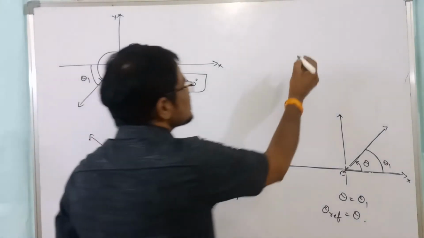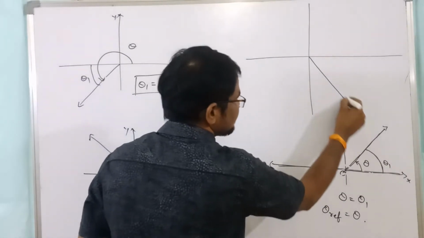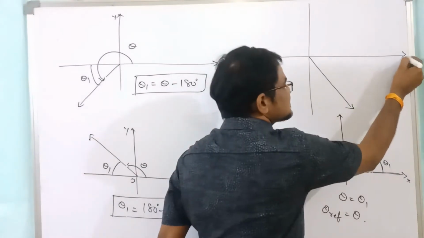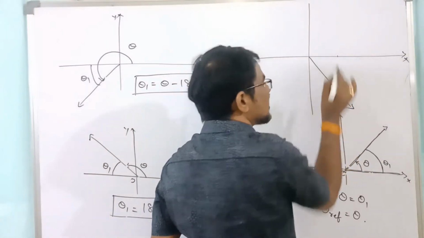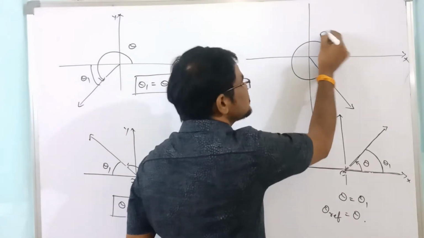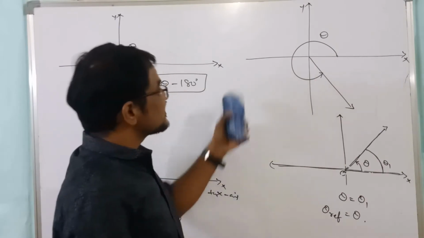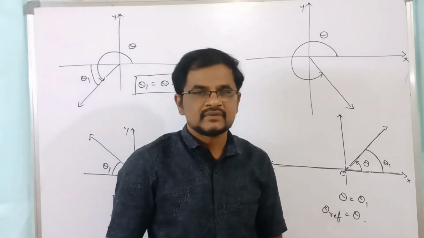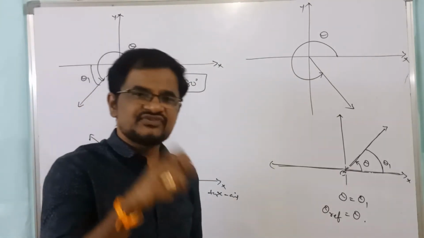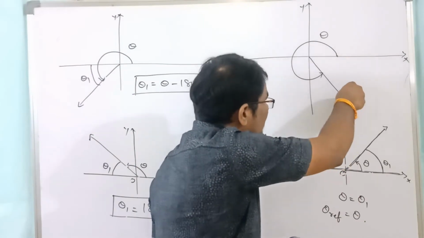Okay. Next, suppose the angle is in the fourth quadrant, like this. This is the terminal side, and this is the x-axis. The positive x-axis is the initial side of theta. Like this, this is theta. Now, how do we get the reference angle of theta? The reference angle is an acute angle formed by the terminal side of theta with the x-axis.